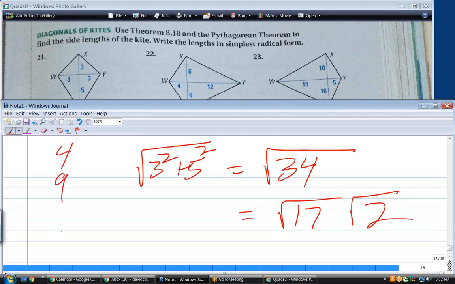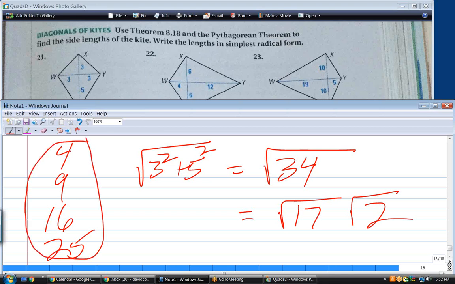Remember, the perfect square numbers that we're looking for are these: 2 squared, 3 squared, 4 squared, 5 squared. All you have to do is try to divide 34 by one of those four numbers, and you can see that they don't divide evenly. None of them. And I don't need to really go beyond 16, because, well, I do need to go one more, to 25.